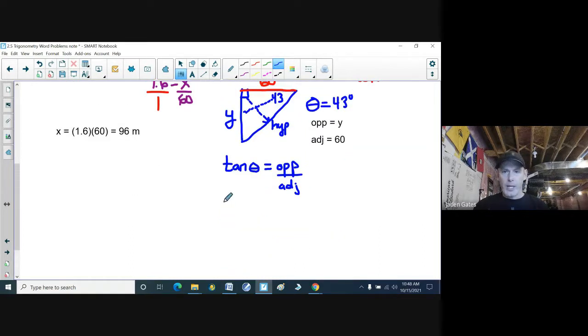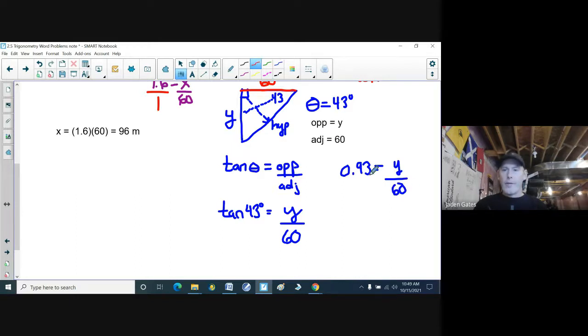I've got tan of 43 degrees equals the opposite, making sure I put things in the right spot: Y is on the top, 60 is on the bottom. Simplifying here, tan 43 degrees, making sure my calculator's in degree mode, which it is, and I get 0.93. And that's equal to Y divided by 60.